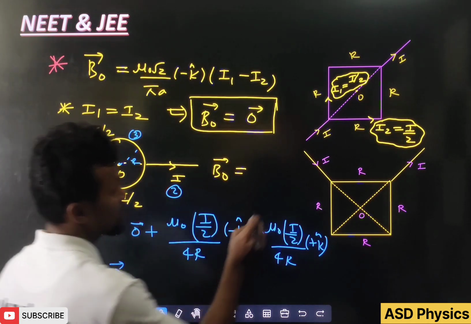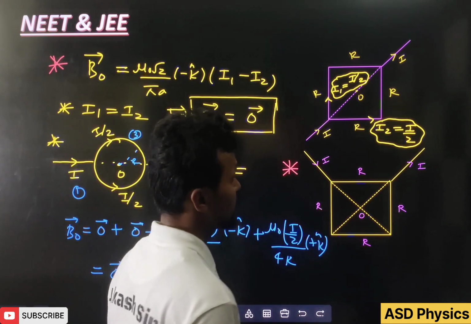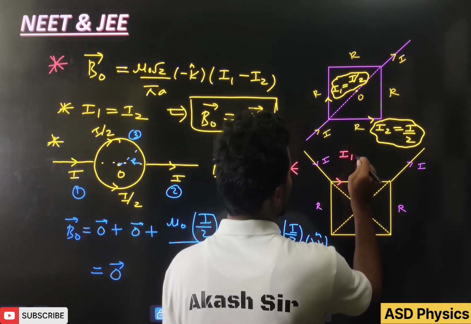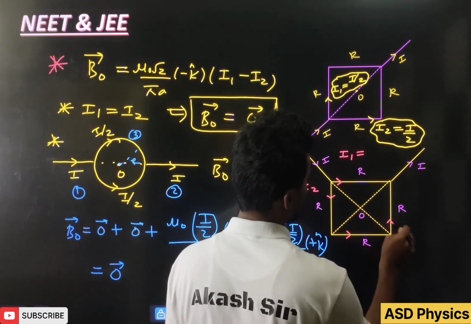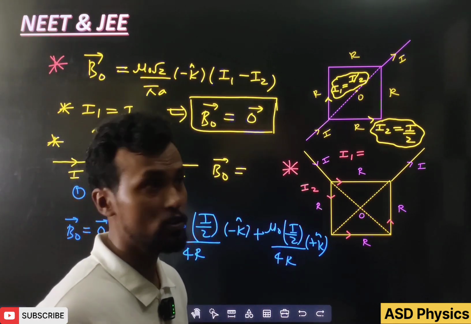And one more case is there, this case. Here also, when you simplify, just remember that here you have I1 and here you have I2. Here I2, here I2. So here you have to apply the current divider theorem and all that.